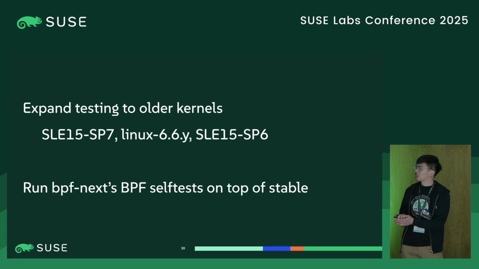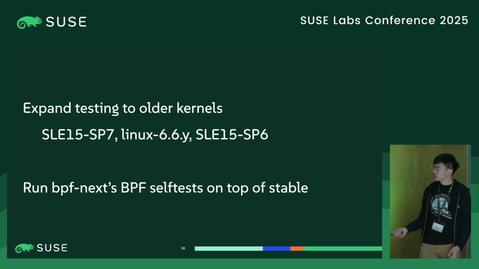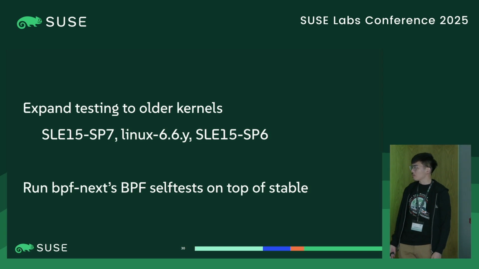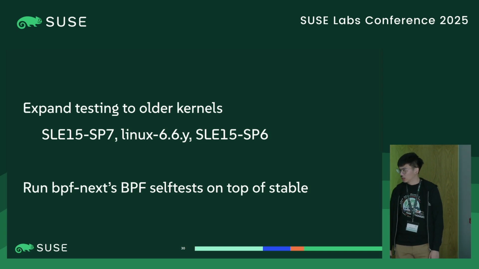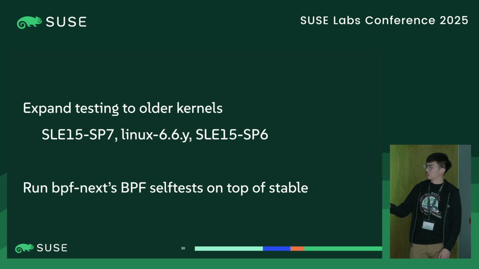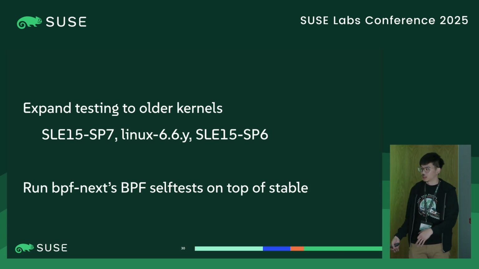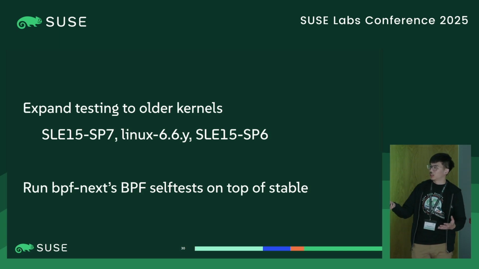For future work, there's some more that I could do. 15 SP7 will be maintained for a long time, so hopefully I can get it working there. And it's quite aligned with 6.6, so I could try that as well. One of the more important parts of future work is that instead of running the BPF self-test included in our current kernel source, one thing I was suggested is to run the latest BPF self-test from the BPF-next development tree.